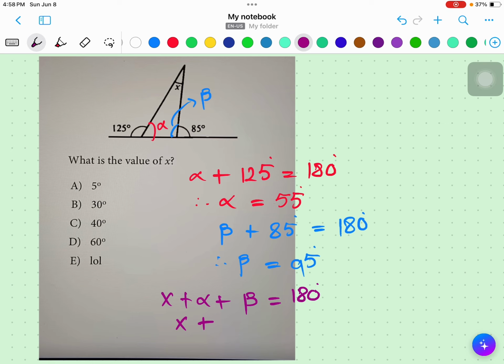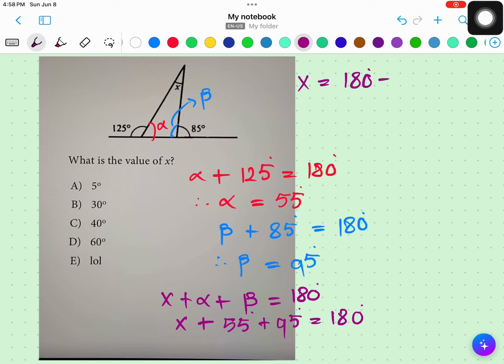X plus alpha plus beta, 55 degrees plus 95 degrees, equals 180 degrees. X equals 180 degrees minus 150 degrees. So x equals 30 degrees.